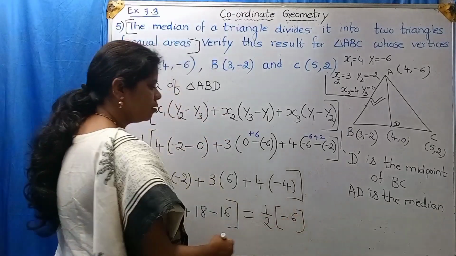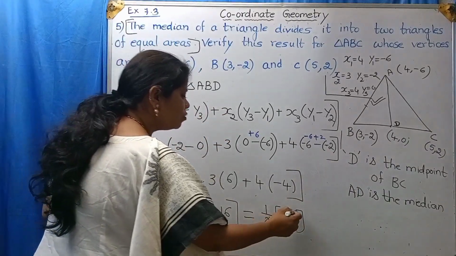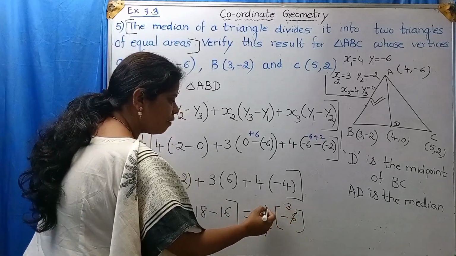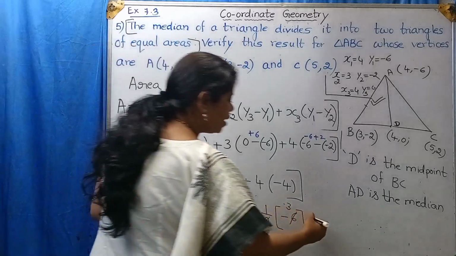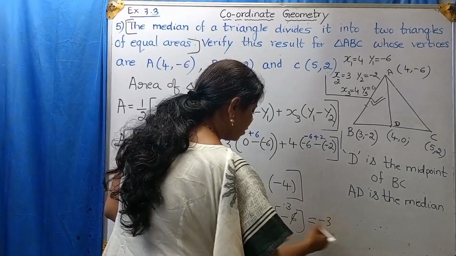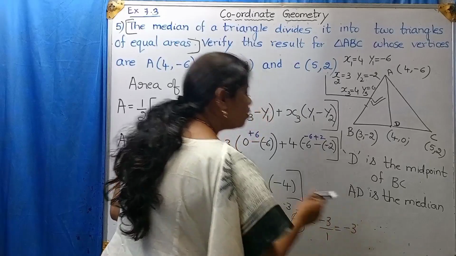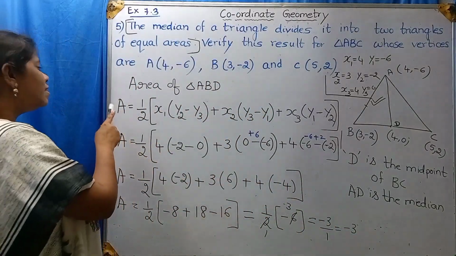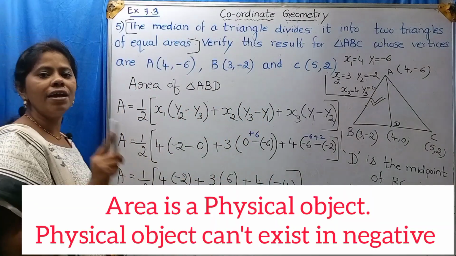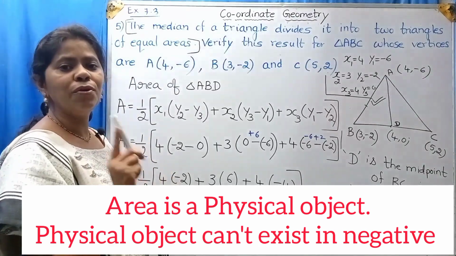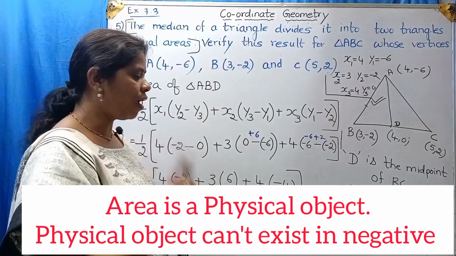Right? Now look at this. 2 ones are 2, 2 threes are 6. Then it is minus 3. 1 into minus 3 is minus 3, divided by 1, we can write it as minus 3. But here it is area. Area cannot be negative. Area is always positive because it is a physical quantity.